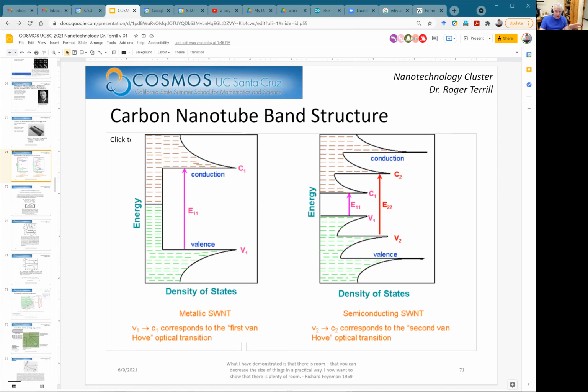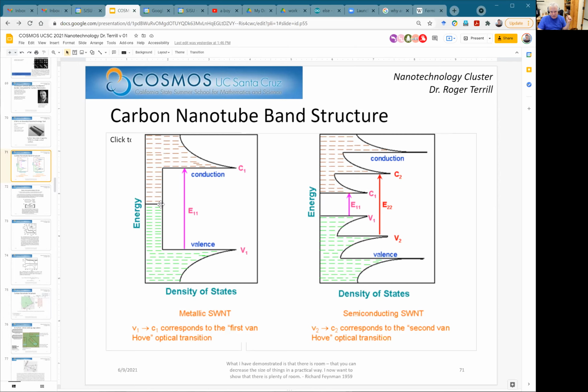Let me tell you the answer to the question. The answer is that any completely filled state does not conduct because of the Pauli exclusion principle. If you can't exchange particles, then you can't have conduction.